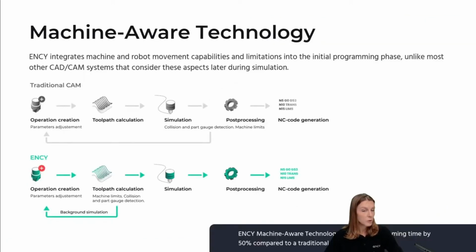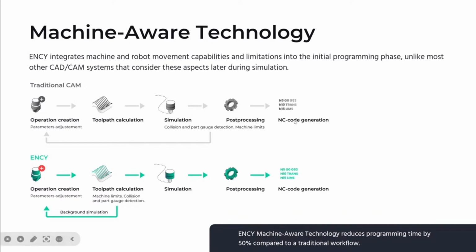Okay, machine-aware technology, I stop only at this point because in Swiss lathe programming, it's pretty critical to know how the machine setup works. In ENCY, machine-aware technology means that we make the toolpath and the simulation based on access limitations and capabilities of the equipment.